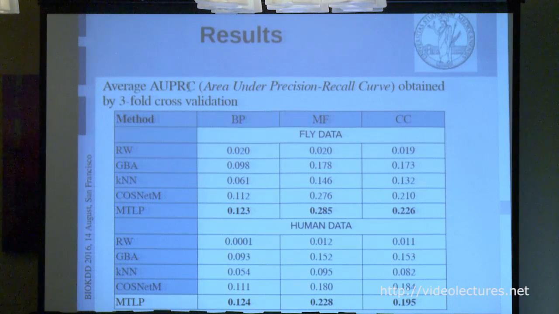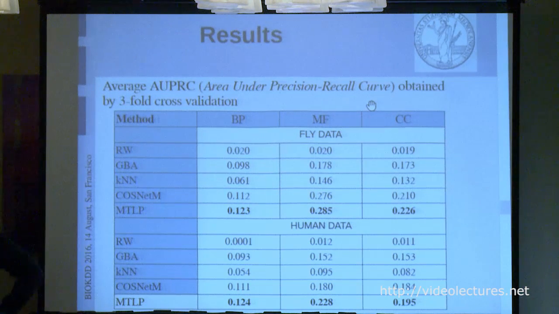Why do we adopt the area under the precision recall curve and not the standard AUC measure? Because for unbalanced problems, AUC, the area under the ROC curve, is not as informative as this measure. There are some works that recently have shown this too.